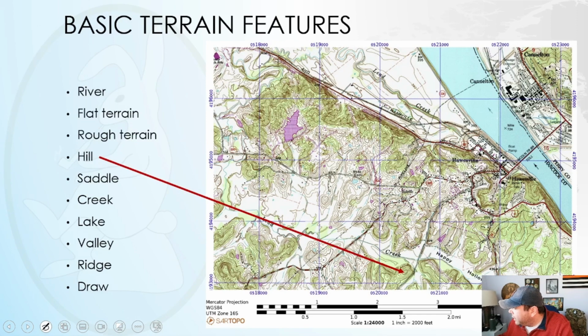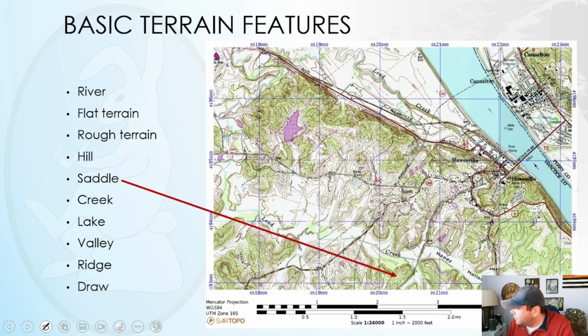We see an area where there are a lot of circles that seem to mound on top of each other. That represents a hill or some kind of a specific point that rises above the terrain around us. So that tells us that it's a peak, or it's a hill of some sort. It's something rising above the rest of the terrain around it.